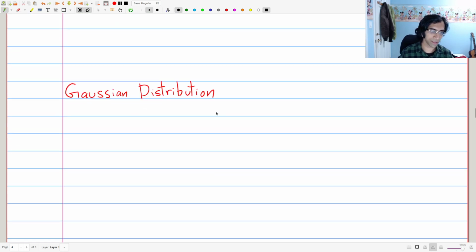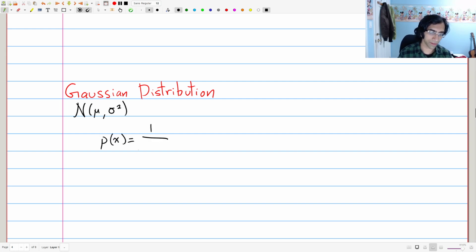I'm sure many of you have seen this, but let's just write it just so that we're all on the same page. So it's a distribution parameterized by two things. This is the univariate distribution, the univariate Gaussian. So this has mean mu and variance equal to sigma squared. And it has the following density function.